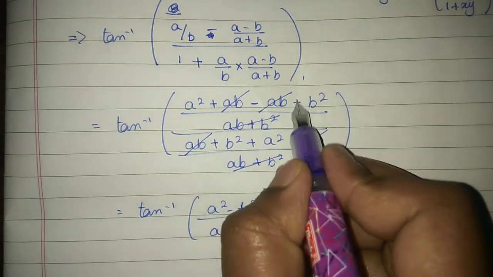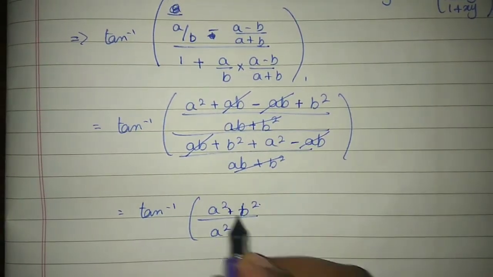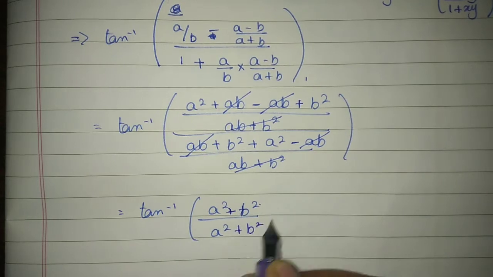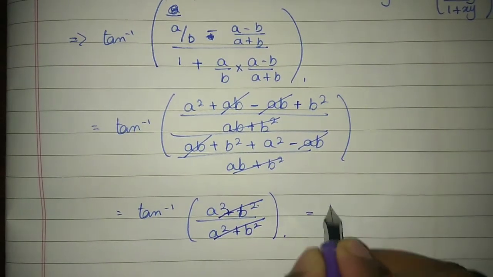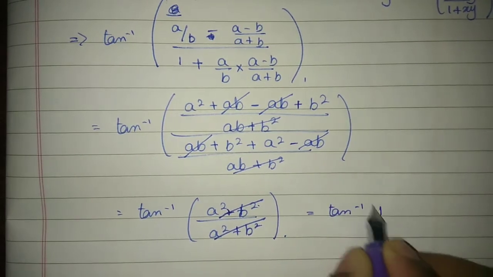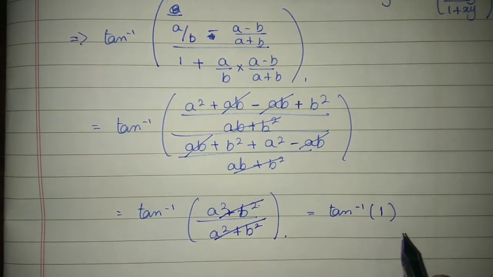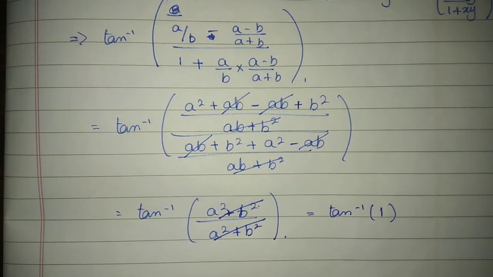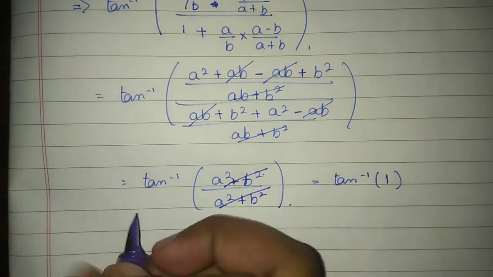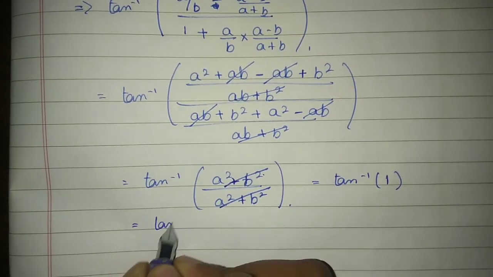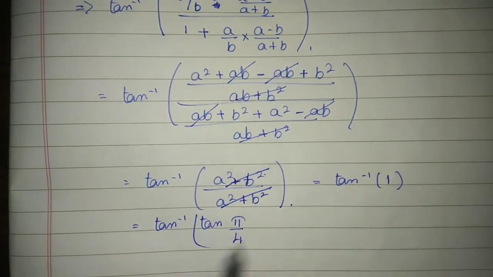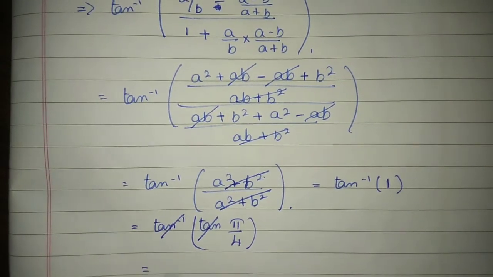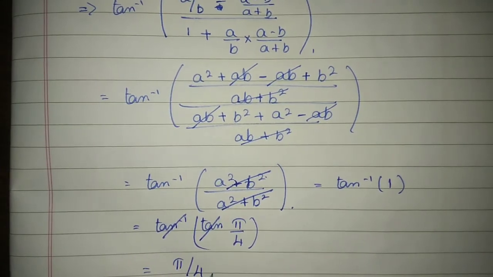Here it should be a plus, okay, so here plus b square. So therefore I can cancel these two also, so where I will have tan inverse of 1. So where is tan 1 here? Tan is 1 at pi by 4. So therefore tan inverse of tan pi by 4 is 1. So tan and tan inverse will get cancelled. So the answer is pi by 4.